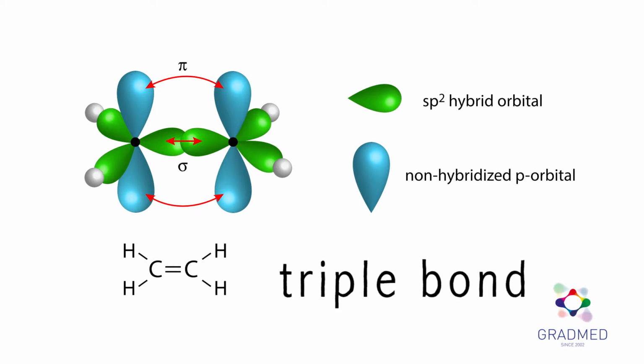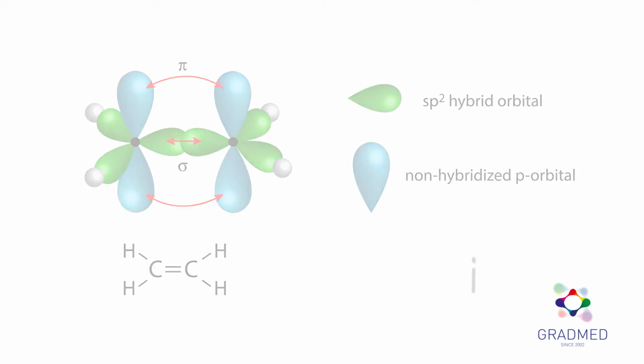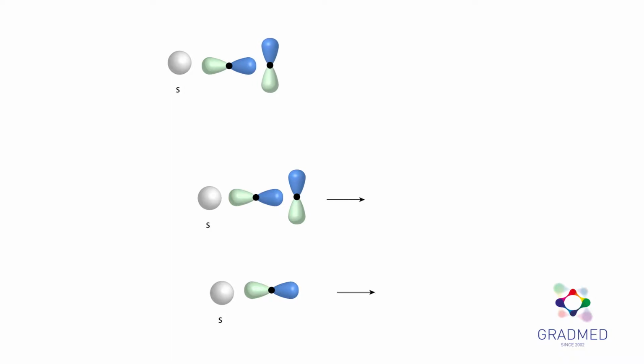Now we can actually go further and possibly use two of the p electrons to form two extra bonds between the carbon atoms, resulting in a triple bond between the carbon atoms. We see this bonding in the alkynes. So what would the shape look like around each of the carbon atoms this time? Now each carbon has used two p electrons, forming the extra two bonds between the carbon atoms.